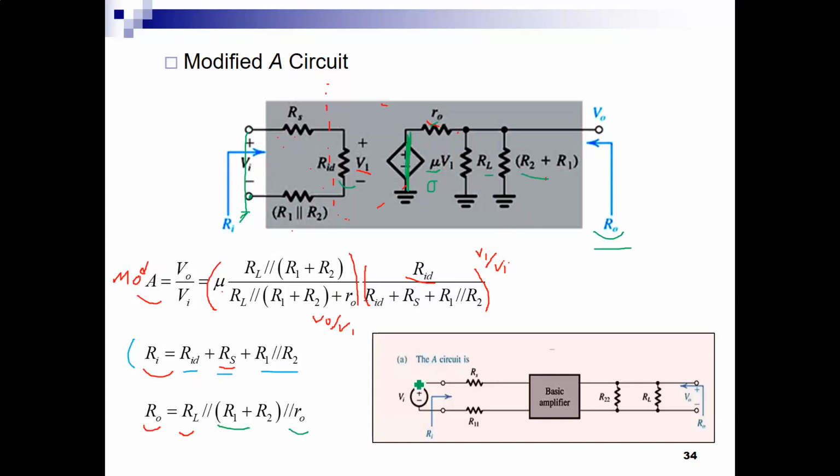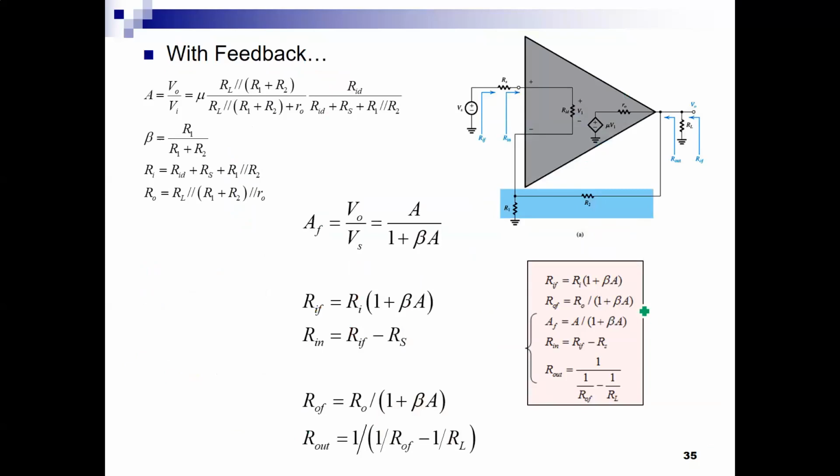So now that I have those 3 quantities, I have my A, I have my beta, I have my RI, I have my RO. R11 and R22 we forget, they are already in the A quantities. I can now plug and play, just use the equations of the real case of the full feedback voltage amplifier.